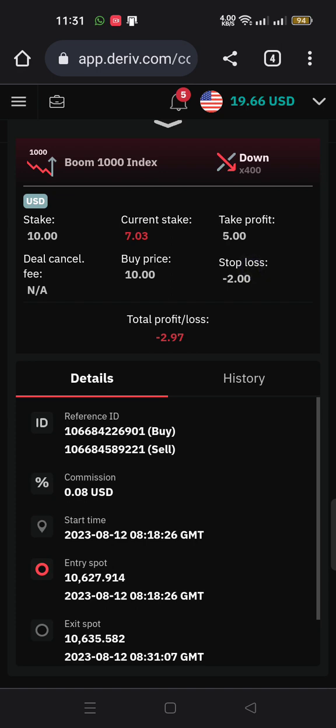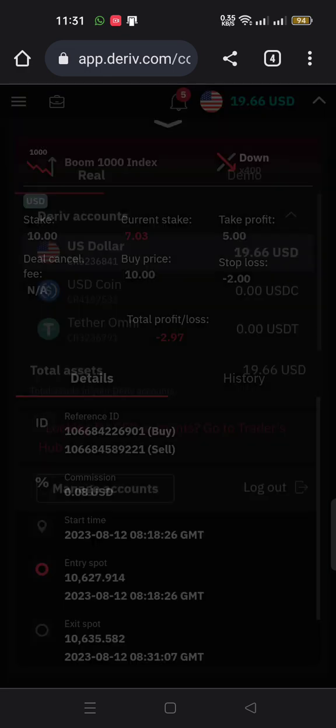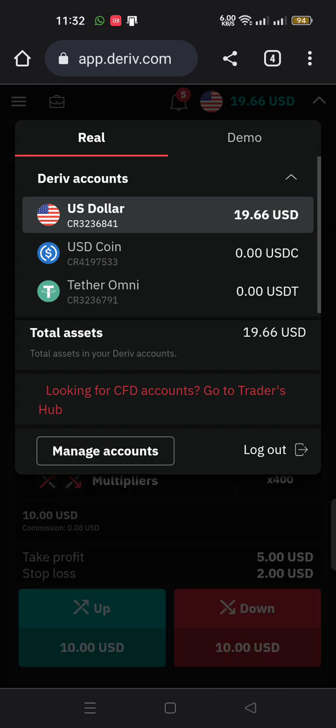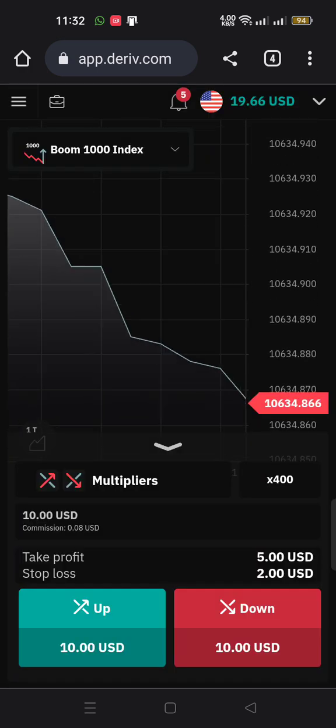Our stop loss was $2, so we lost slightly higher, which is 2.95 of the stake. Then the current stake, which is 7, was refunded back to our account. Our account that time was around $12, so we went back with the profit. So your account is safe. You will not lose all the money.